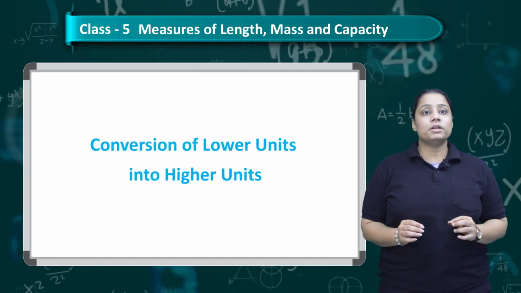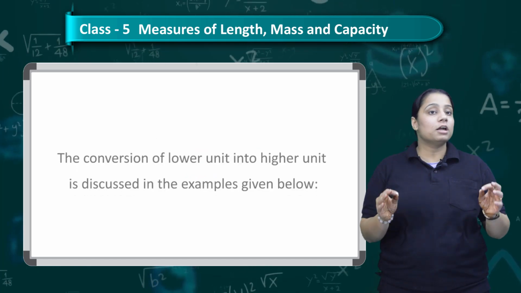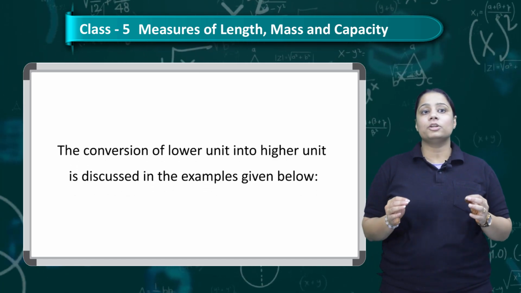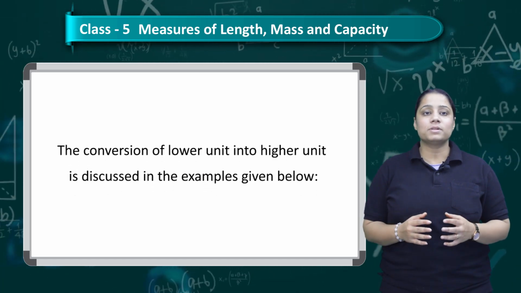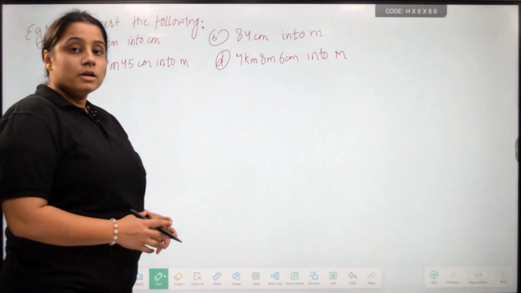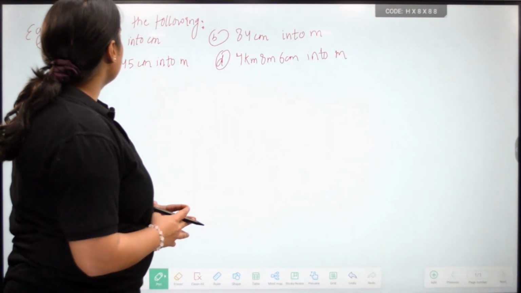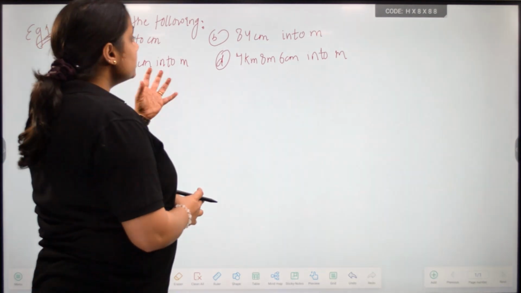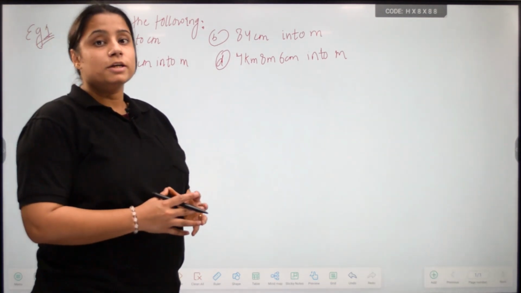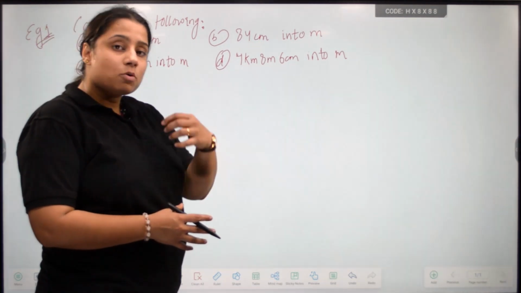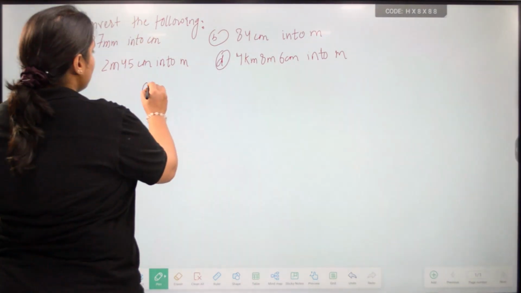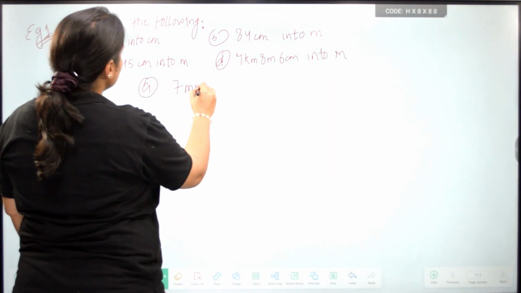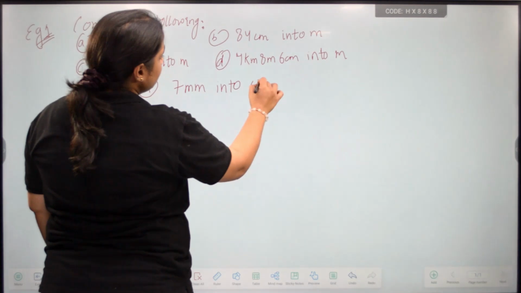Conversion of lower units into higher units. The conversion of lower units into higher units is discussed in the examples given below. Example 1. Convert the following. Part A, 7 millimeter into centimeter. In this question, we can see that we are converting from a smaller unit to a larger unit.